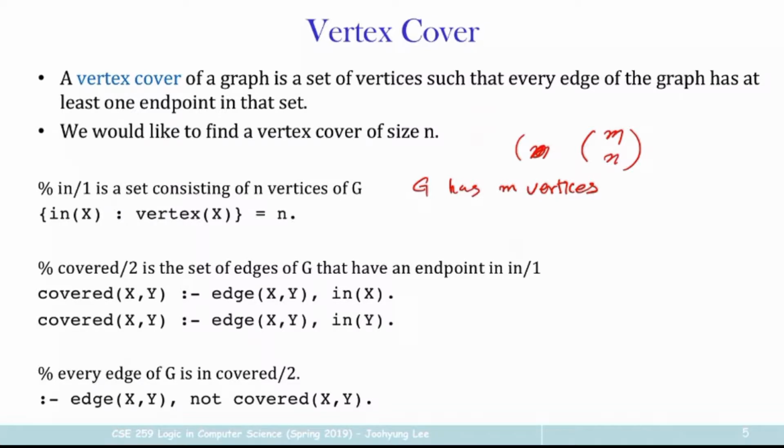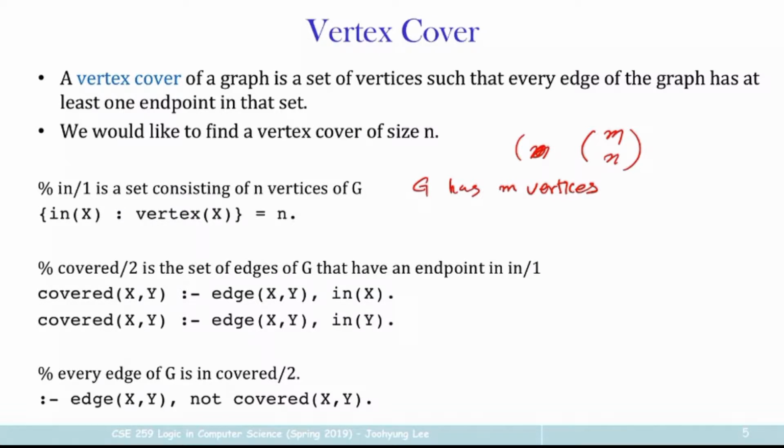Okay, so what are the bad answers? The bad answers are the ones that satisfy this body. If xy is an edge but it's not covered, then this is a bad solution that we have to prune out. So again, this is the generate, define, and test part.